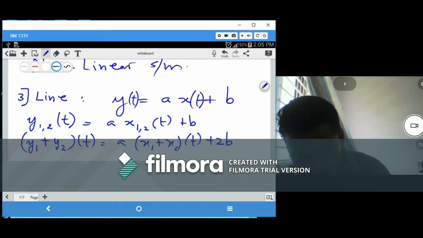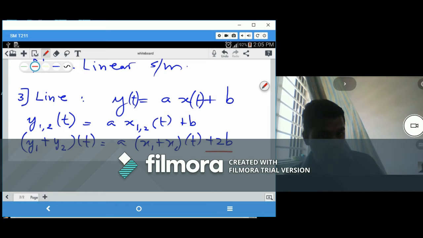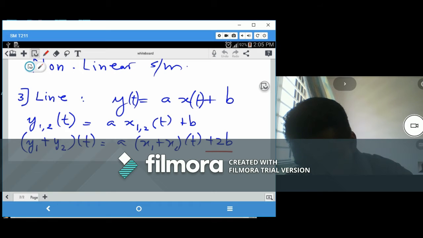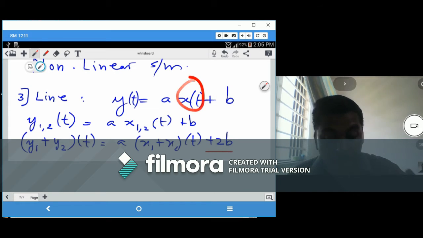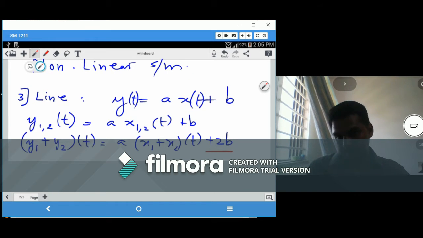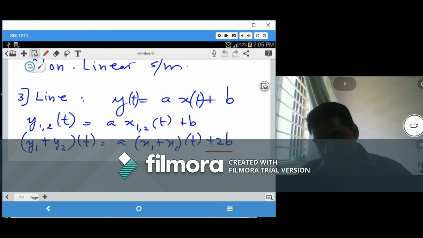Note the fact it's 2b here, which is not the output corresponding to the sum of the inputs. The output corresponding to the sum of the inputs would have been like replacing this x of t by x1 plus x2 of t. So that is the difference that we get.